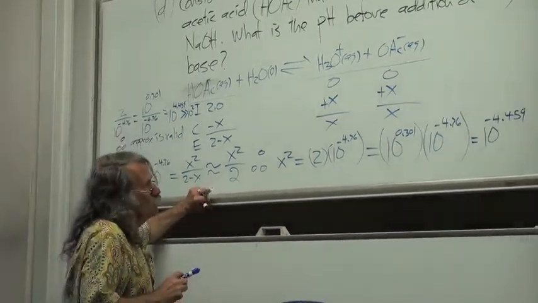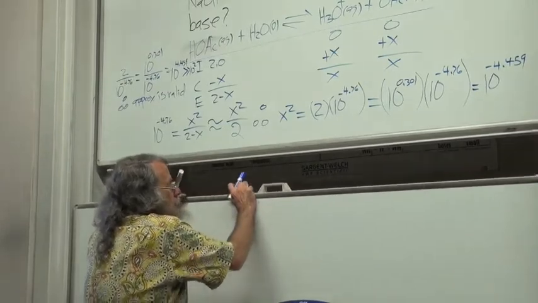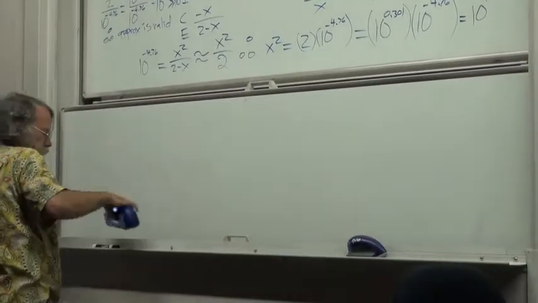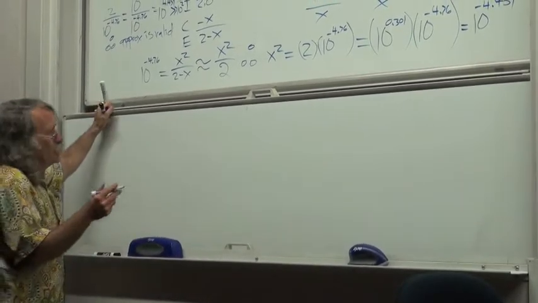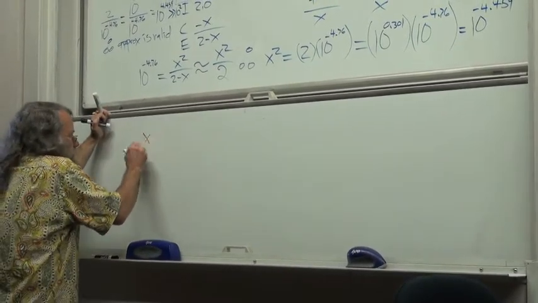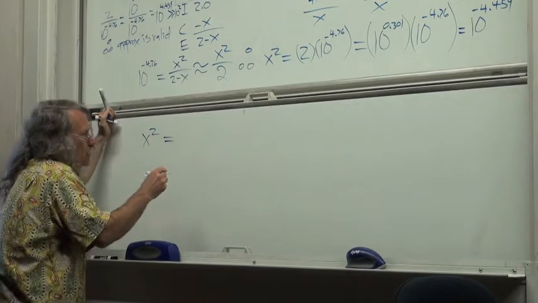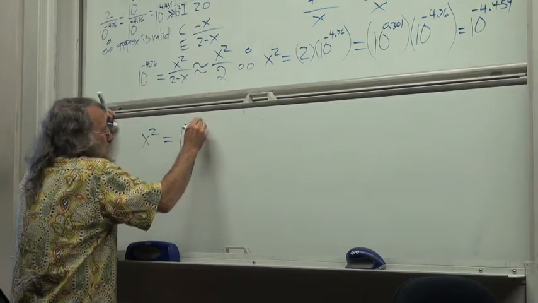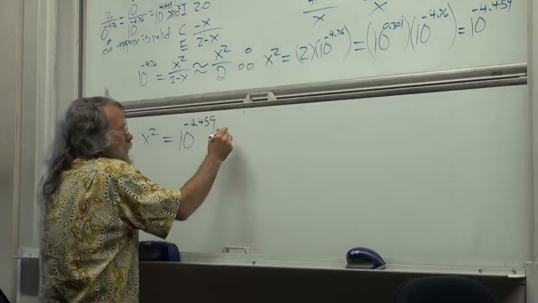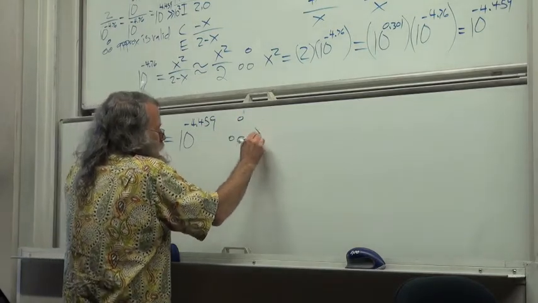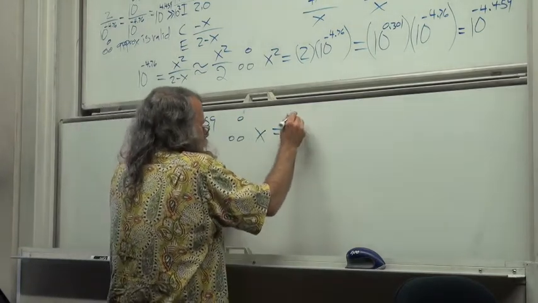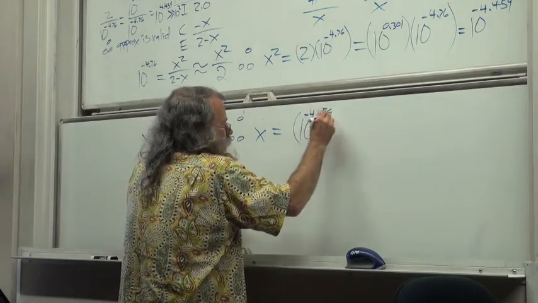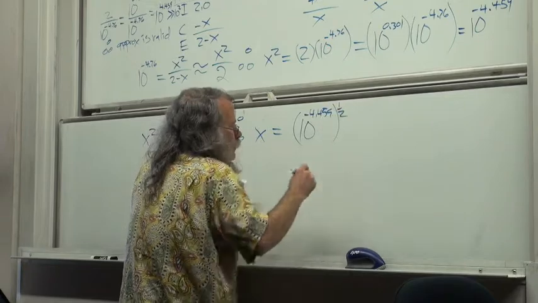And now, since we know this, I know that X squared is equal to 10 to the minus 4.459, and therefore X is equal to 10 to the minus 4.459, the square root of that.